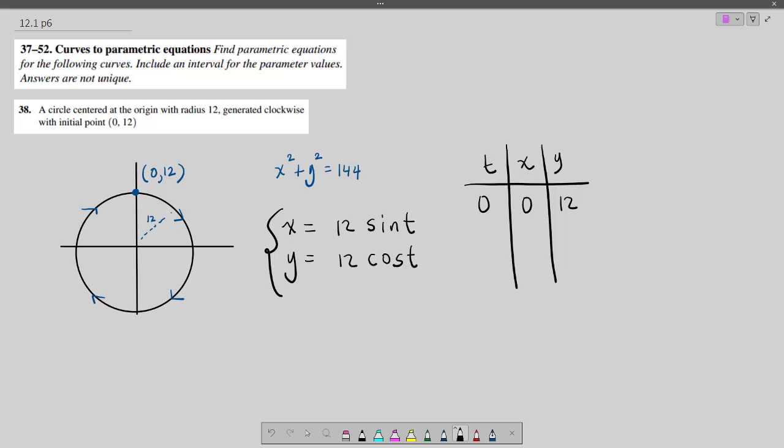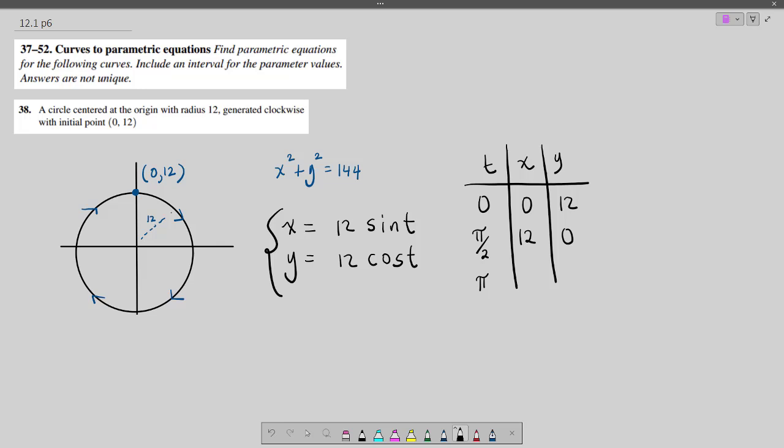All right, so we're starting in the right place. That's great. Now let's go ahead and pick some other t values, say pi over 2 and pi, and see if we're going the right direction. If we plug in pi over 2, sine of pi over 2 is 1. Cosine of pi over 2 is 0. So we're going to be at 12, 0.